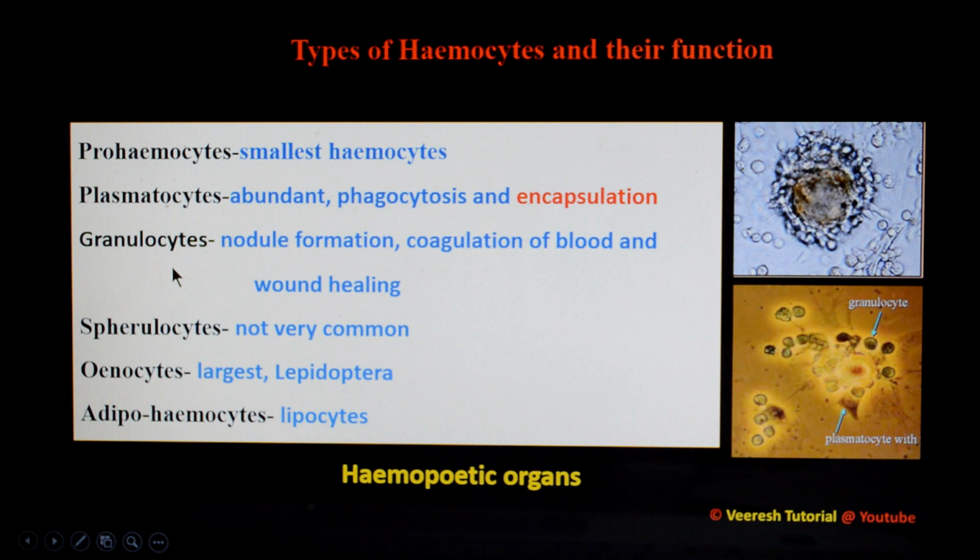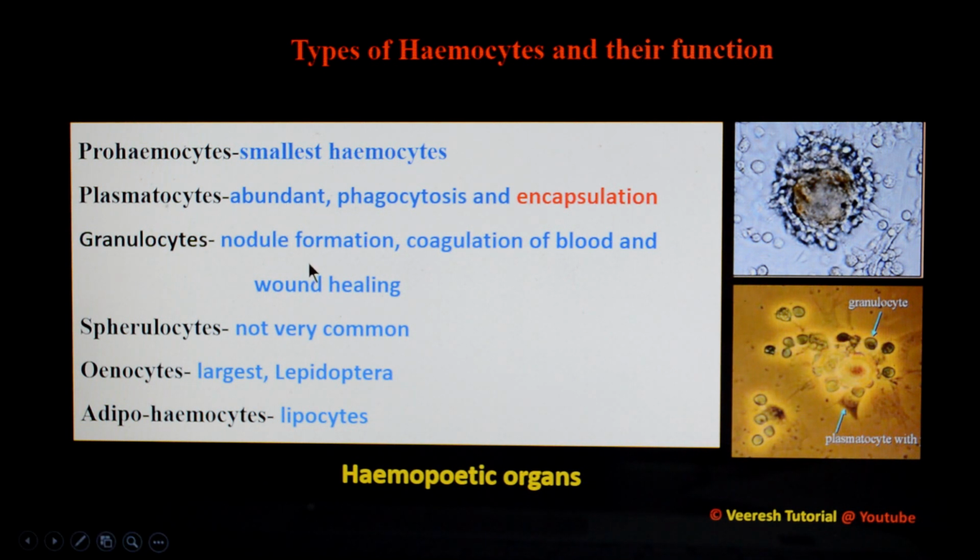Next is granulocytes. Granulocytes are also called coagulocytes or cystocytes. These granulocytes comprise more than 30% of the total haemocytes, and their function is nodule formation.